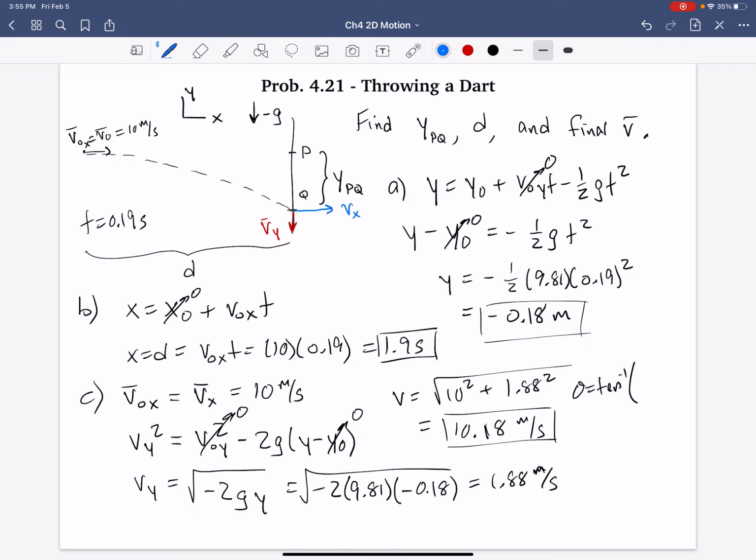So again, that's a right triangle. You are free to choose the angle, and you'll get the correct answer regardless of which place you choose. If you choose the angle right there, inverse tangent is vy over vx. If you choose your angle here, inverse tangent is vx over vy.